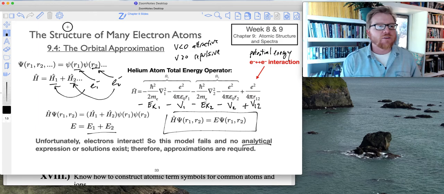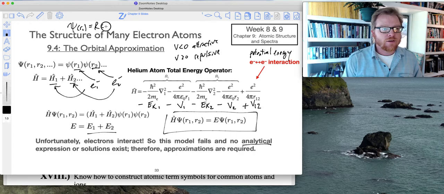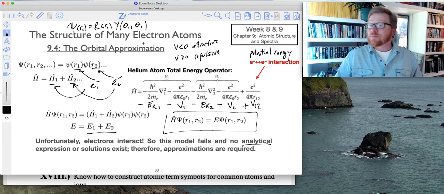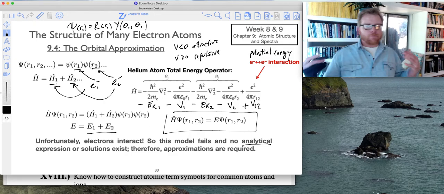Each one of these, psi of R1, equals R of R1 times Y of theta 1 phi 1. But if we were to put that whole thing together for both electrons, we would have 2 of these R terms, 2 of these Y terms. We'd throw that operator in there and it would fail.